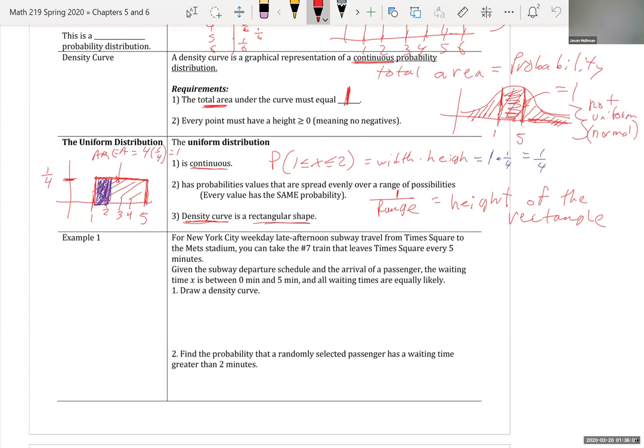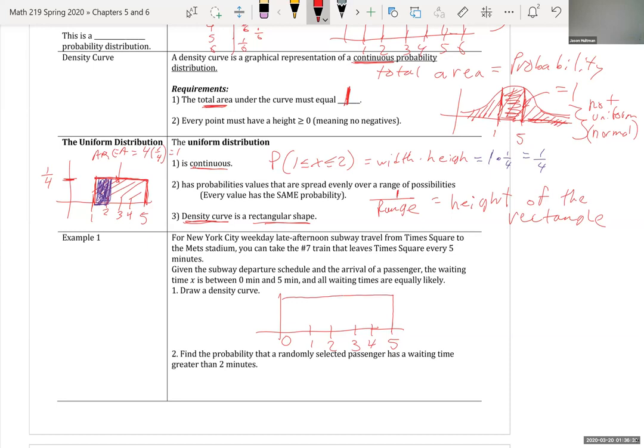So instead of 1 to 5, like in my previous example, we're going to go from 0 to 5. Which means that my height is going to be what?